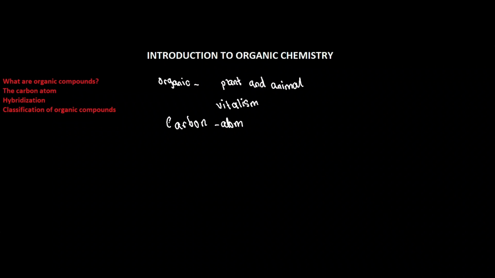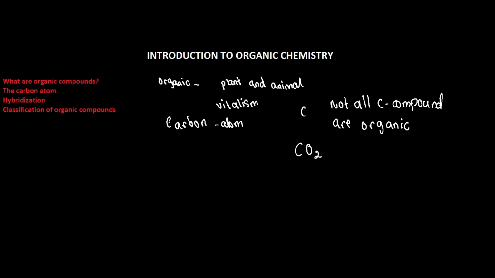But it's good for us to take note of the fact that all organic compounds contain carbon, but not all carbon compounds are organic compounds. I'll give the example of very common carbon dioxide, CO2.